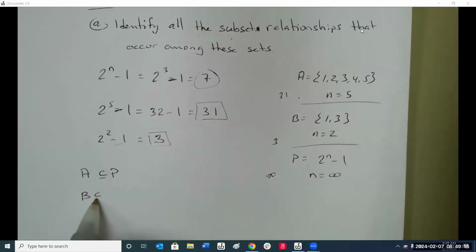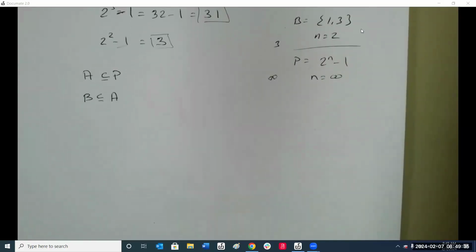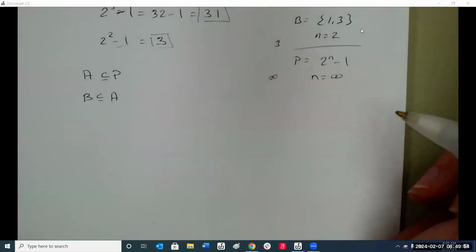So B is a subset of A. P is too big, so P cannot be a subset of anybody.